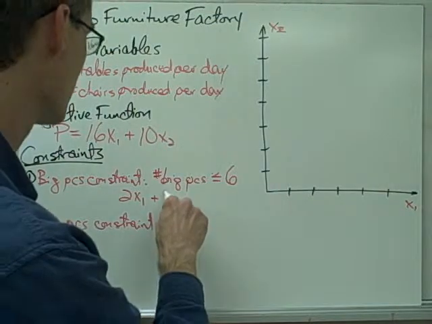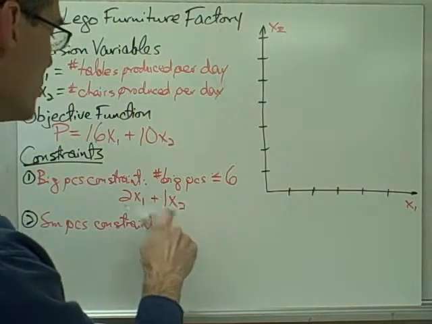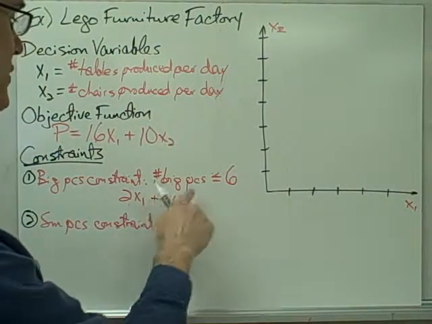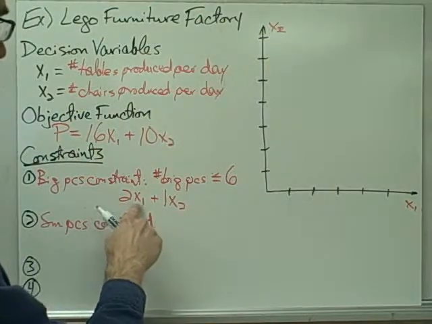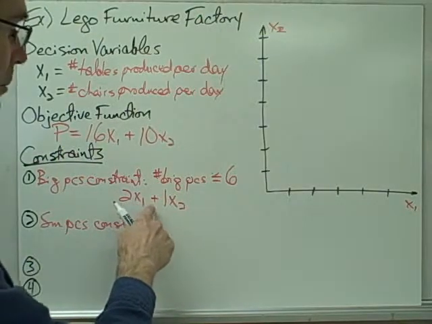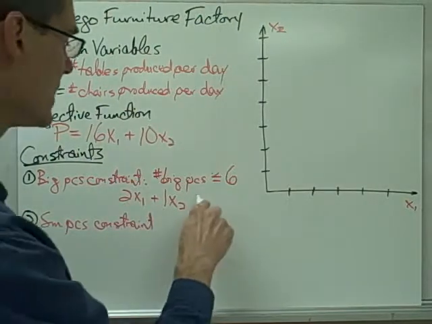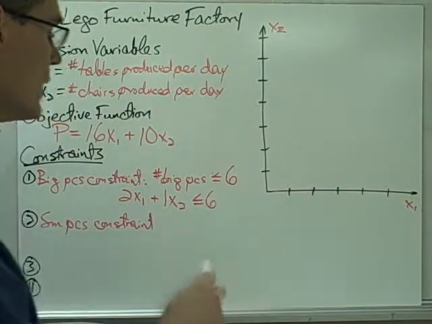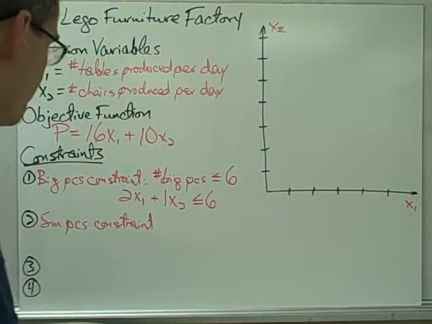That means that for every chair I make, x2, I'm going to be using 1 big piece. So the total number of big pieces is 2 times however many tables I make, plus 1 times however many chairs I make. And this total has to be less than or equal to 6. So this is my first constraint, my big pieces constraint.